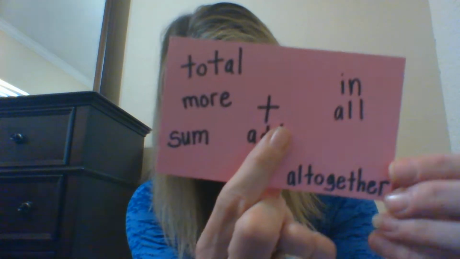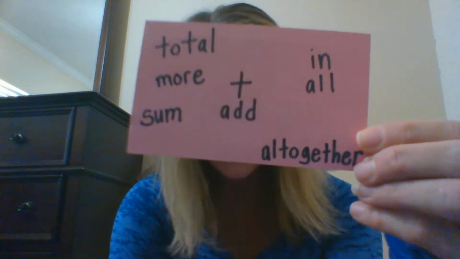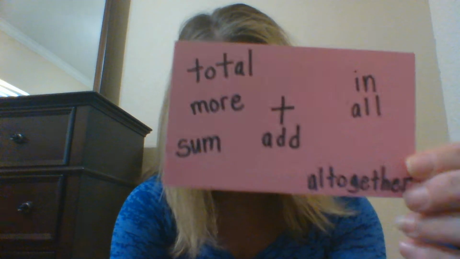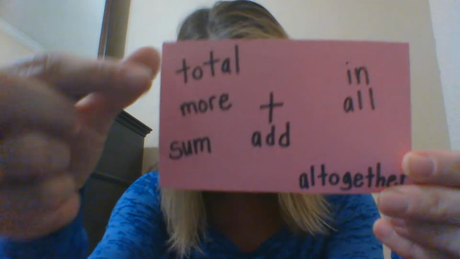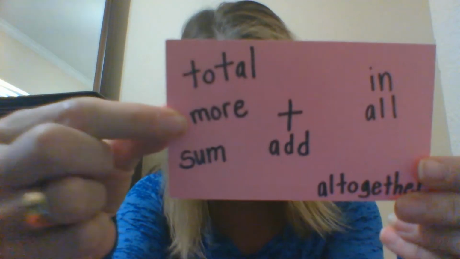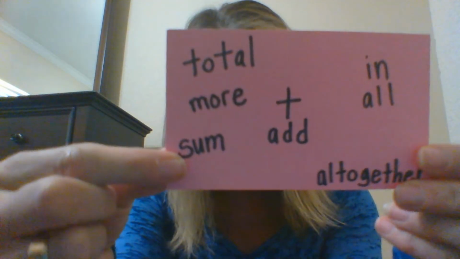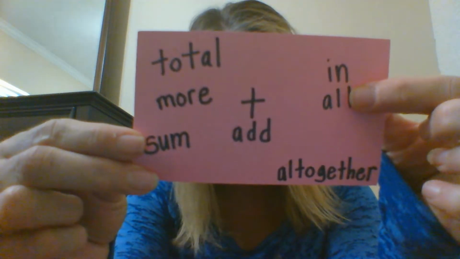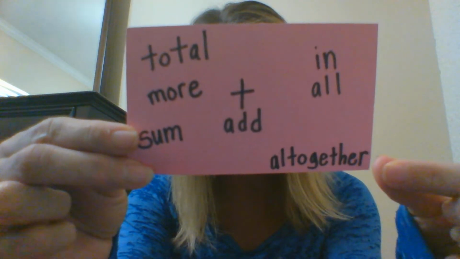So yes, remember, when we have Mr. Chad Add, that plus sign, there are certain clue words or keywords that we're looking for in a story problem to tell us we want to put things together. Some of those keywords are total, more, like he or she got more of something, what is the sum, which you know is the answer to a plus problem, how many in all, or how many all together.